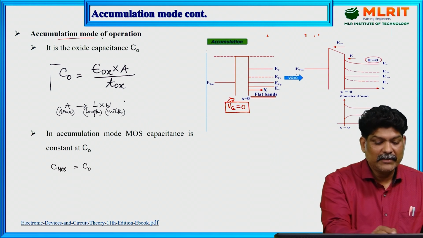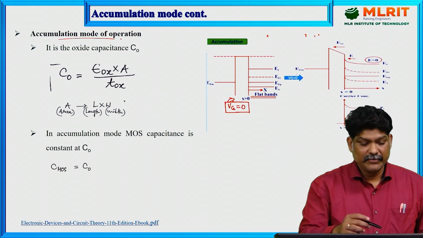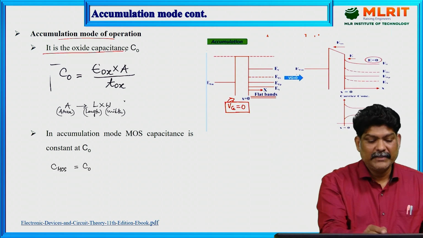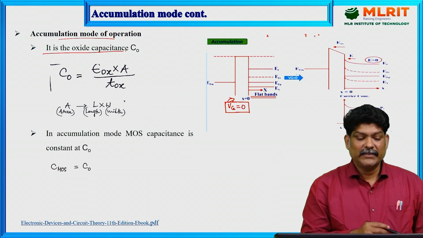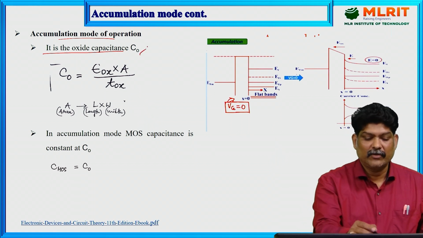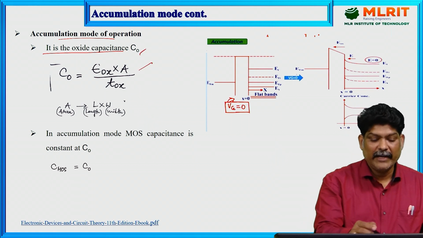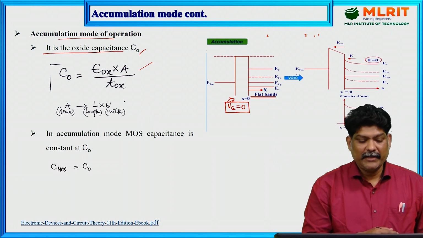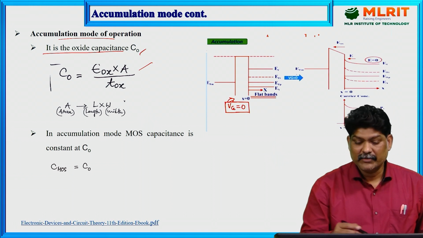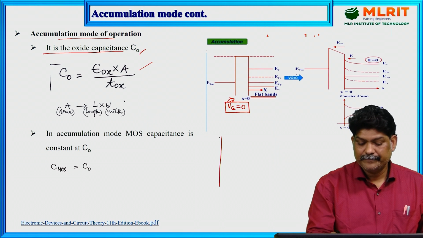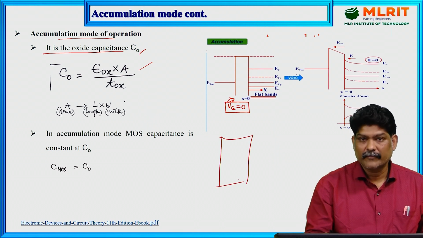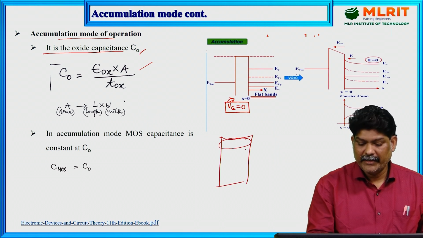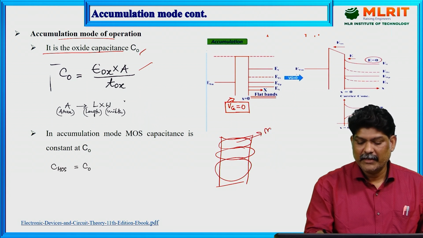If you further analyze this operation, the basic oxide capacitance is represented with C0, and it is given by epsilon A by T, where T is the oxide layer thickness. We have three layers. The first one is the metal layer.